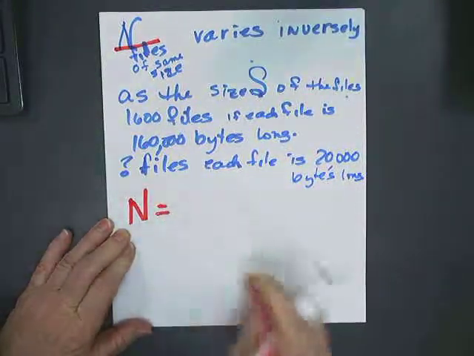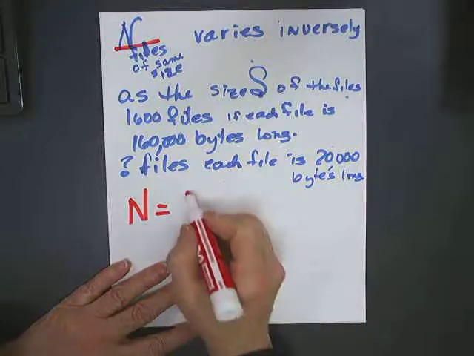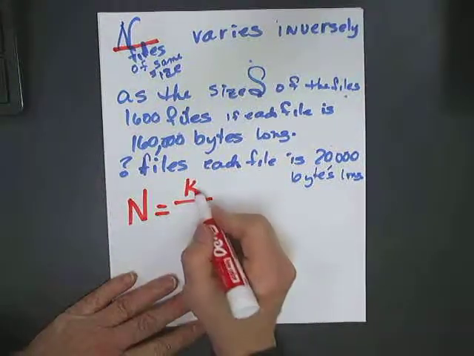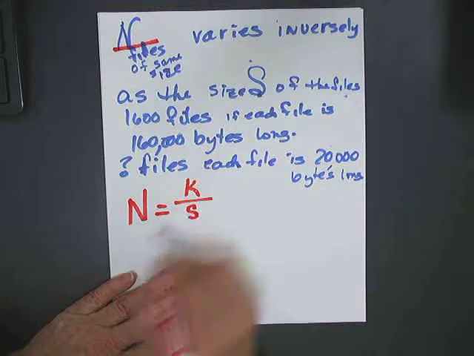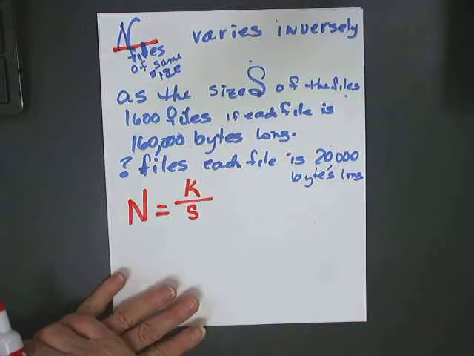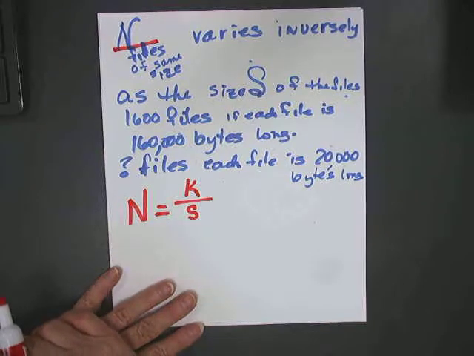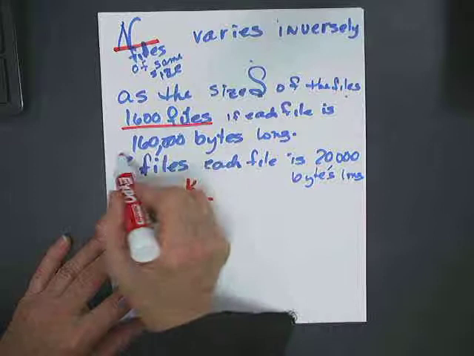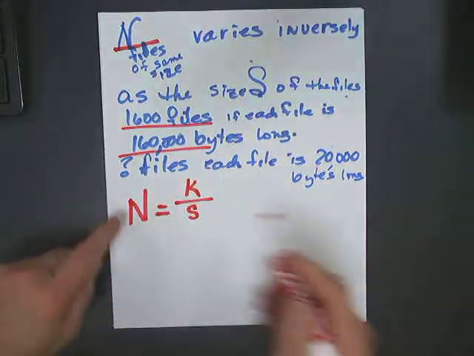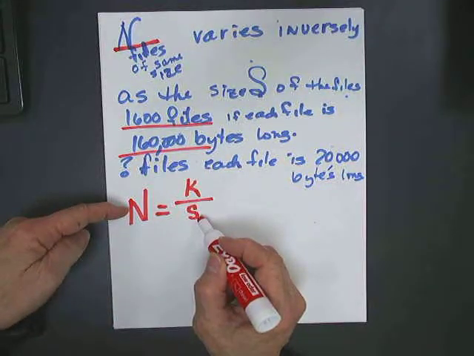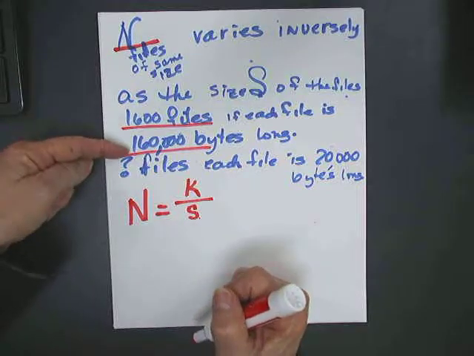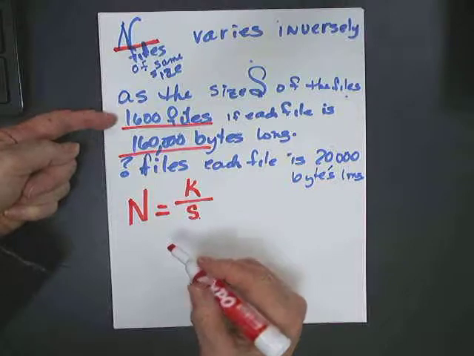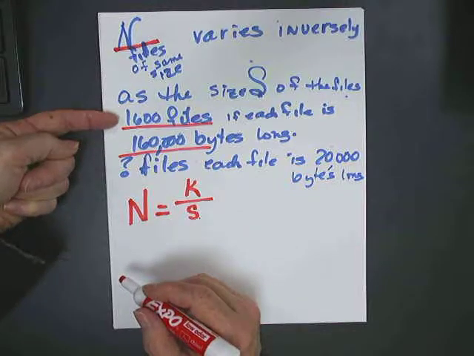The number of files varies inversely, we didn't need all those other words, did we? No. That varies inversely as the size S of the files. So S is the size of files, this is how many files of that size.